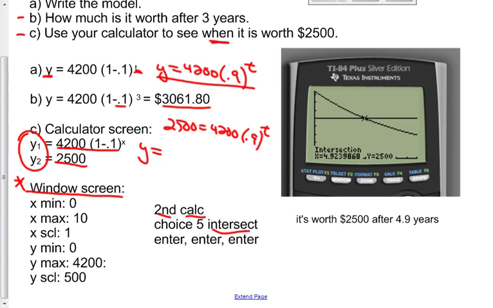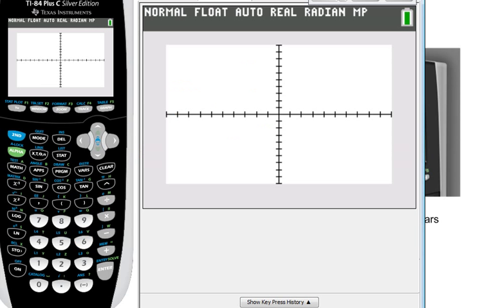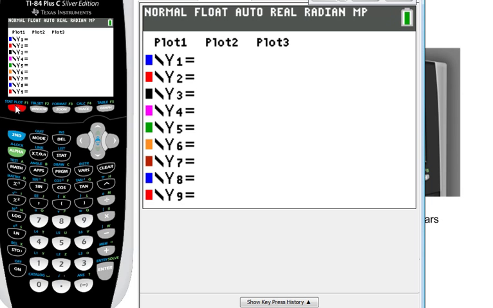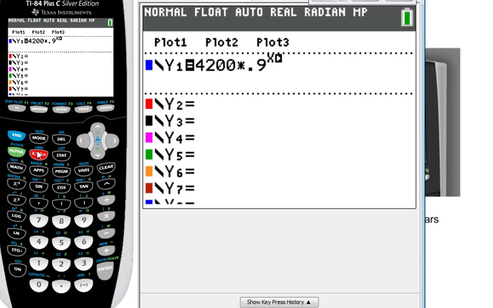All right, so grab your calculator. We're going to go to the Y equals button, up on the top left. We're going to now type our equations. The first equation was 4,200 times 0.9 raised to the x.